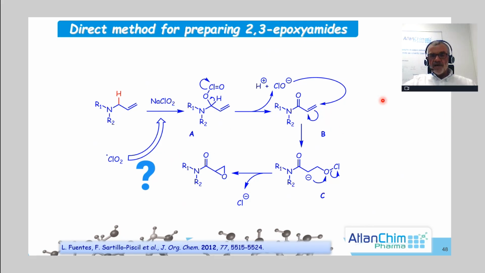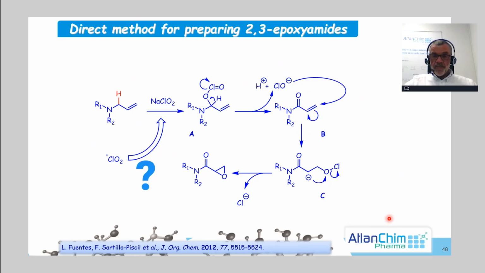Following this mechanism, this oxidation reaction does not require the use of a scavenger, because most of the hypochlorite ion formed in this reaction, which is normally considered as an unwanted byproduct in Pinnick oxidation reactions, is consumed during the epoxidation reaction at this stage.